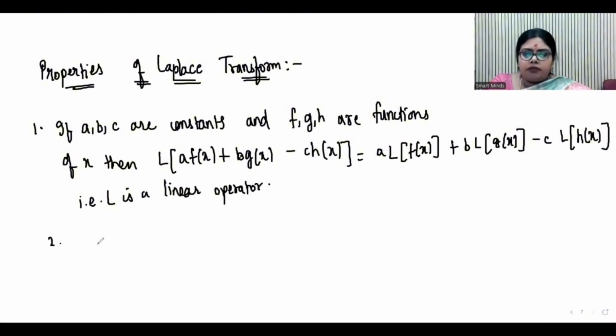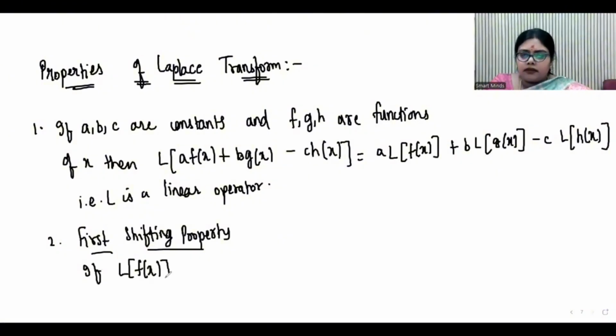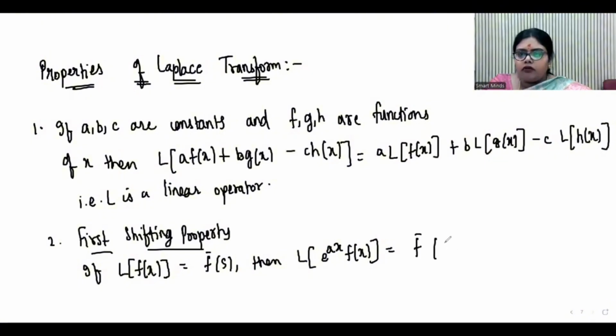Now what is the second property? This is called the first shifting property. Very, very important. First shifting property. So if L of f of x is equal to f bar of s, then L of e power ax f of x is equal to f bar of s minus a.